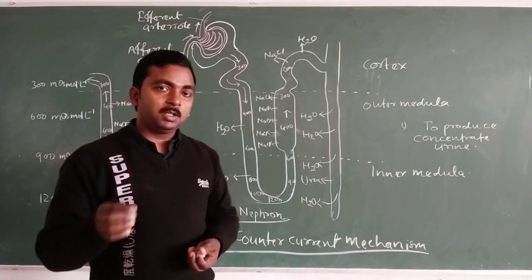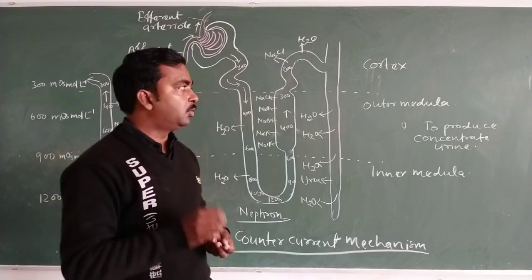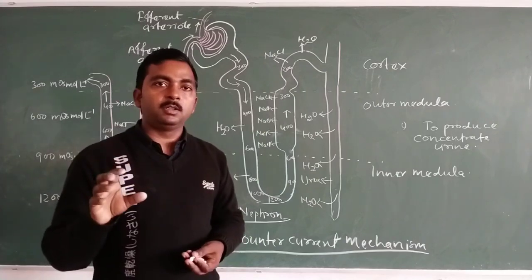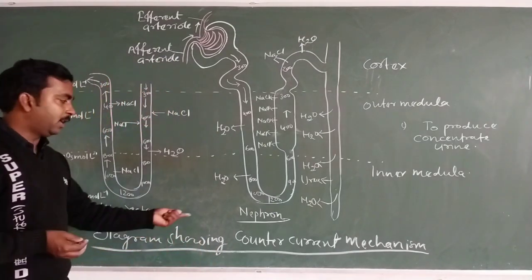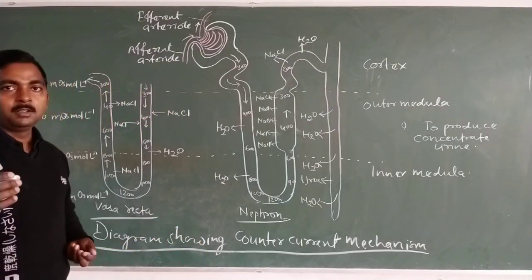So to conserve water, they need to produce concentrated urine, and for that purpose the counter current mechanism is essential.